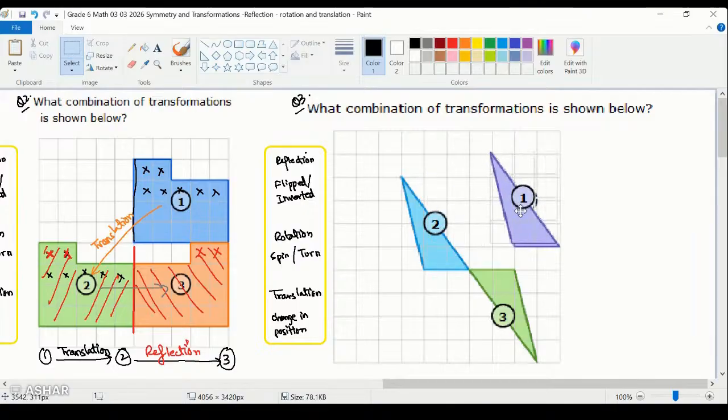From shape number 1, when we move to shape number 2, we say that only the position has been changed, right? Shape number 1 has been brought down to a new position, that is shape number 2. Agreed? Do we agree? So we say that in this case, we'll have only change in position, right?